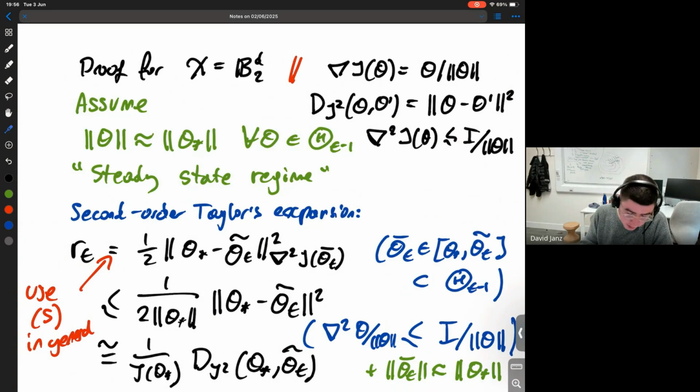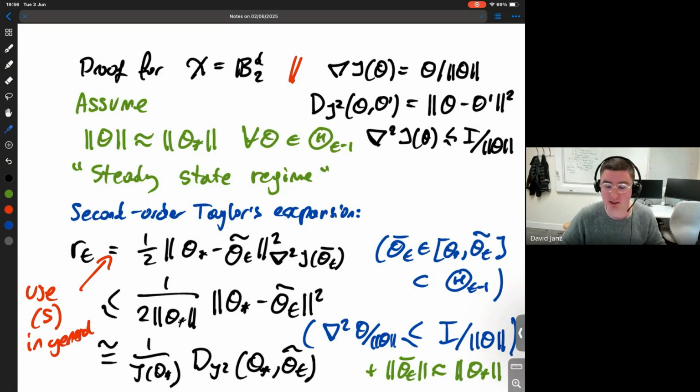And what we end up with is, if we recognize this as the divergence of J squared, the regret is roughly controlled by 1 divided by the optimal value times the Bregman divergence of J squared. And this you could derive for general arm sets.